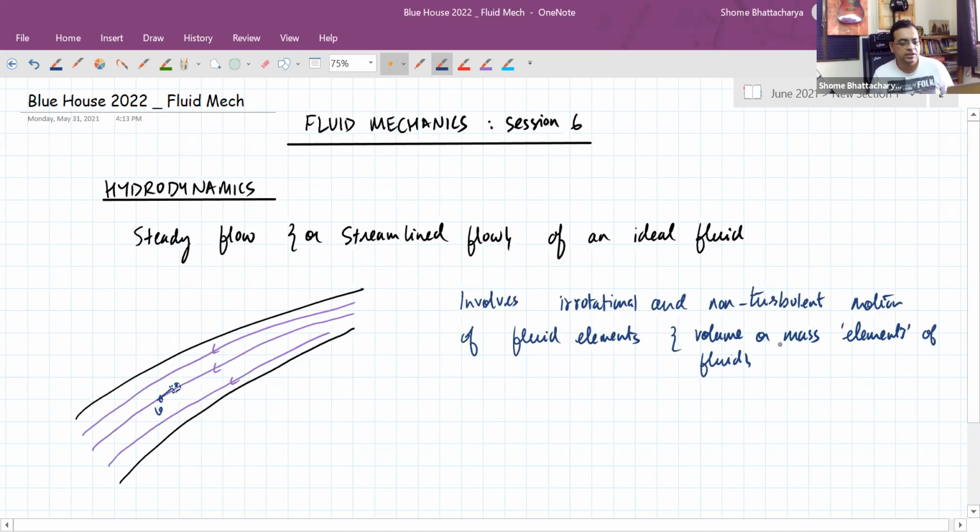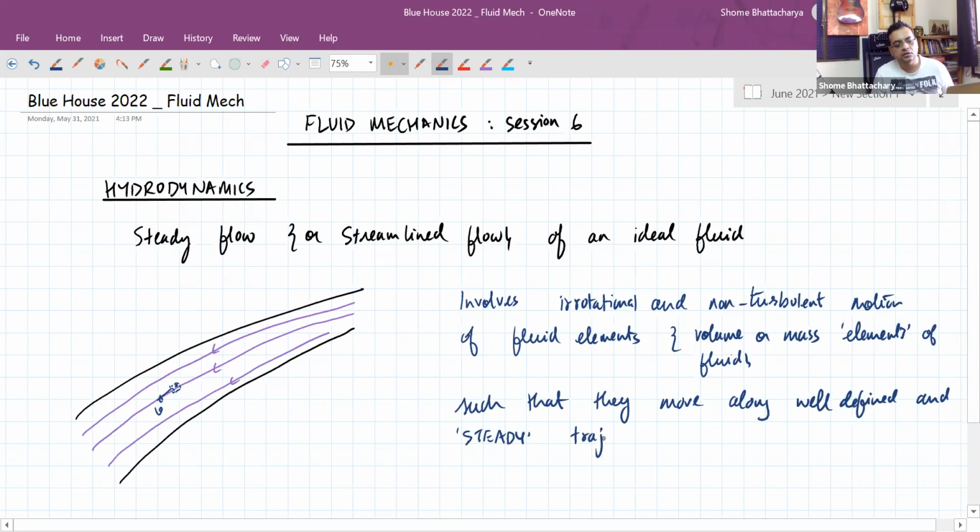So it involves the irrotational and non-turbulent motion of such fluid elements such that they move along well-defined and steady trajectories or paths. And these are collectively called streamlines.